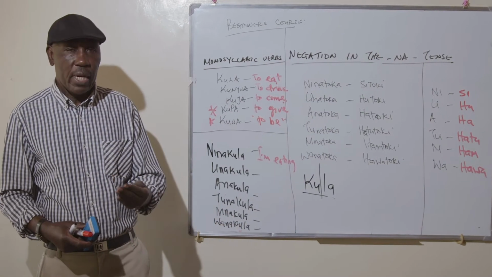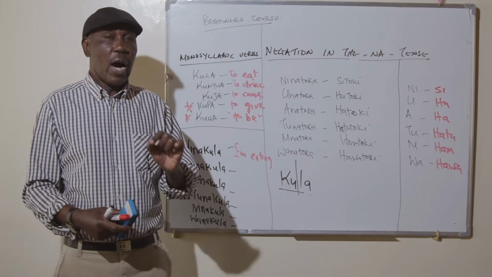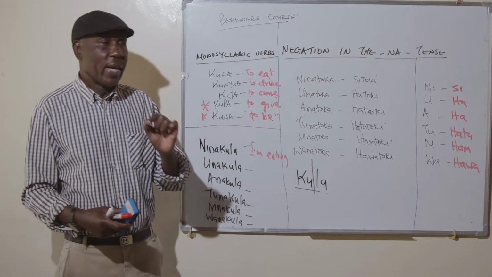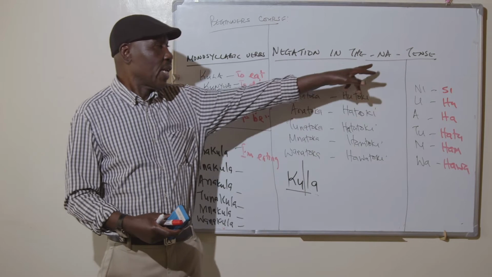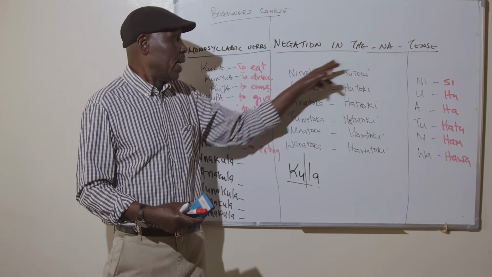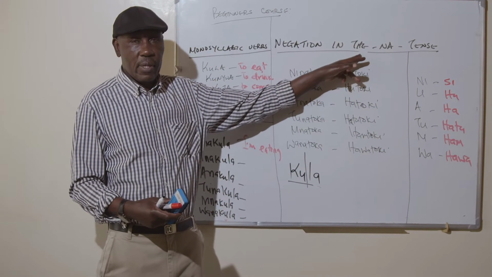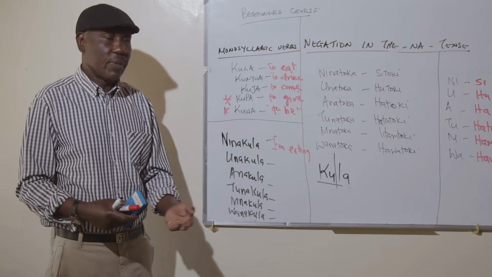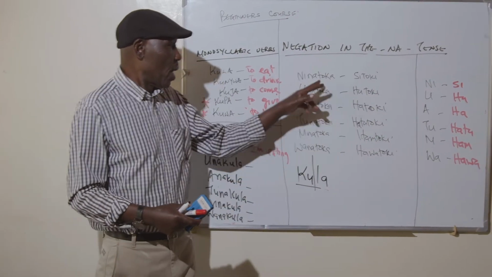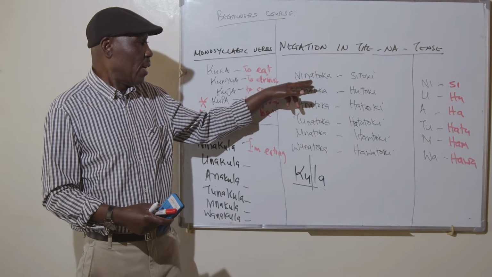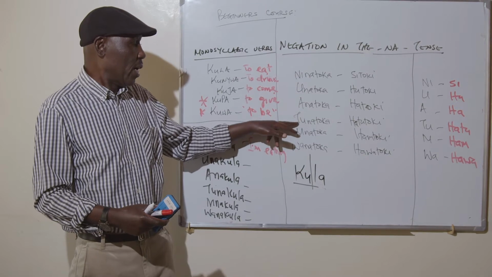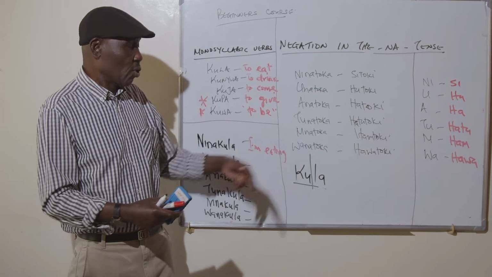Now, the most important thing about this lesson today, I want to introduce to you how we negate in this tense, the not tense. Negation in the not tense. It's very important that you also talk about negation. So, you have ninatoka, unatoka, anatoka, tunatoka, mnatoka, wanatoka.